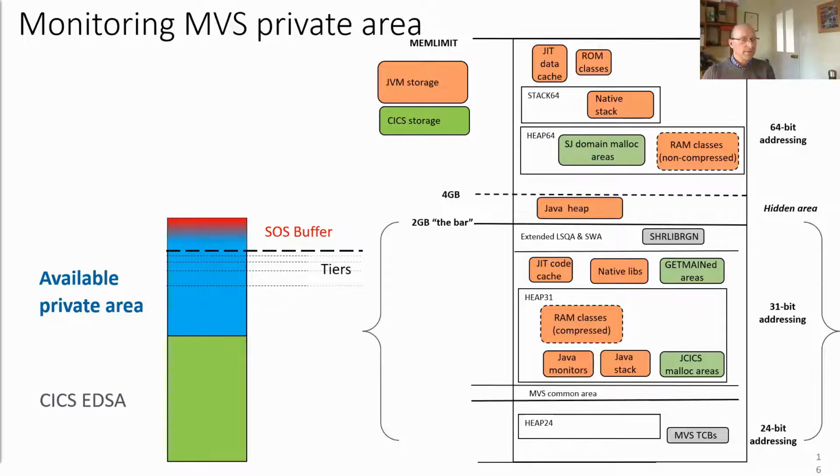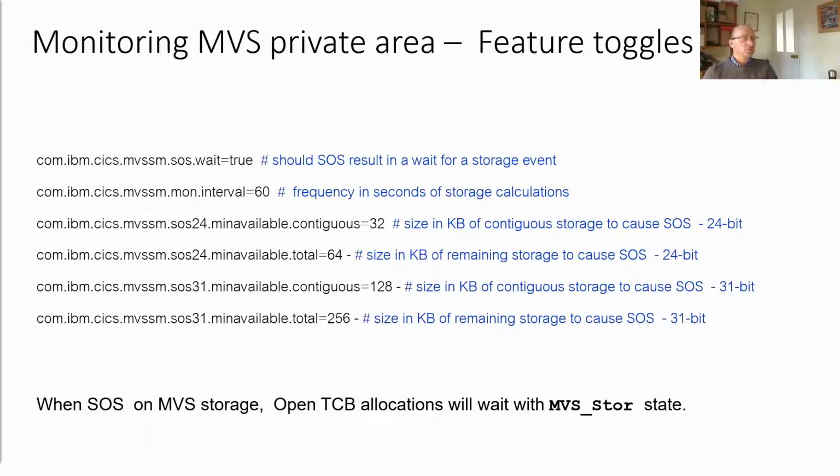So how is this managed? There's a set of feature toggles. Feature toggles are name value pairs in a zFS file in the USS config directory, which can be set on a region basis. This is turned on through the feature toggles, as you can see.